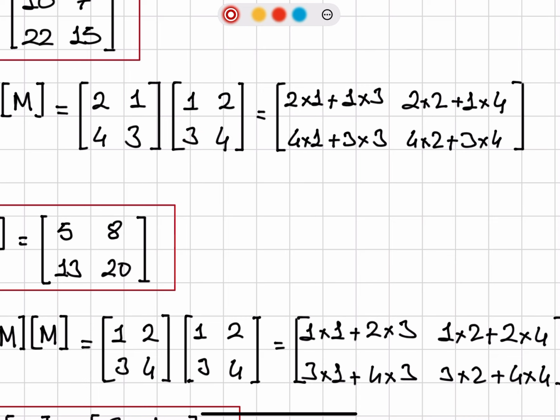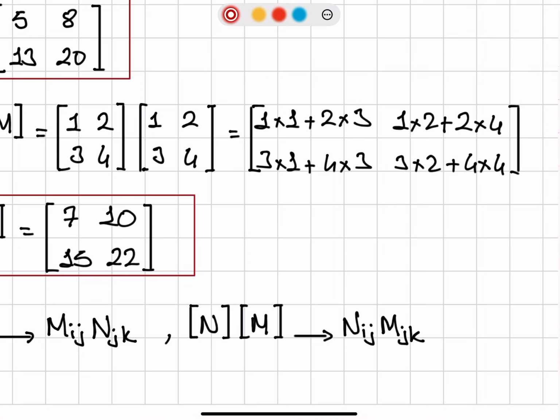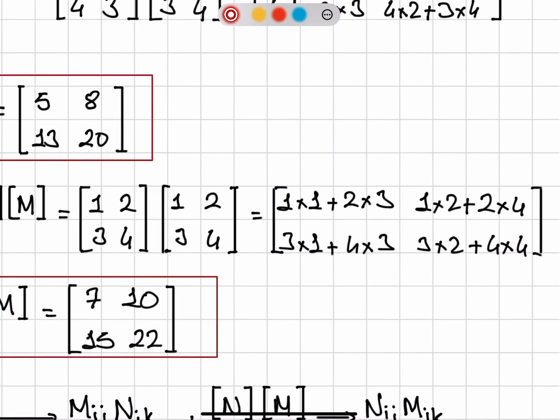So you can see here, I'm adding over the index j. So the column number of the first matrix and the row number of the second matrix is what we are adding over here.